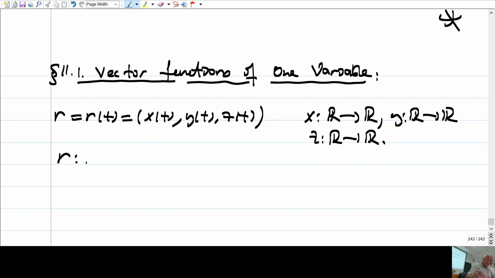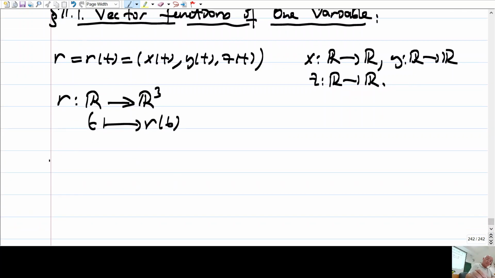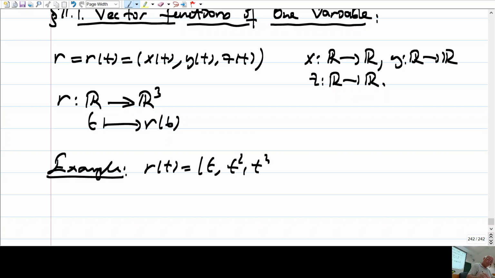So this can be considered as a function from R into R3, right? Each point gives you a vector in 3-space. For example, this r(t), which is t squared and t cubed.